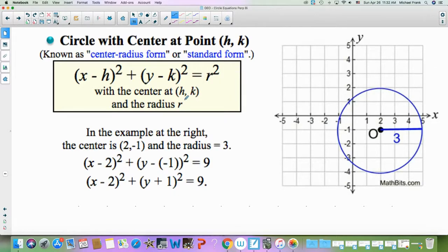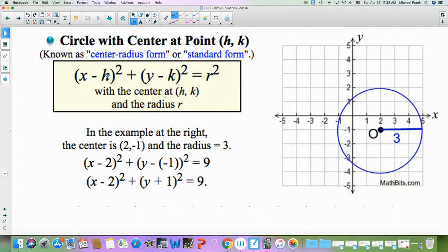So then they do the backup plan where they call the x of your center h and the y of your center k. And it's still equal to radius squared. That doesn't change. But you might also notice in the form that it's x minus h in parentheses squared and y minus k in parentheses squared.